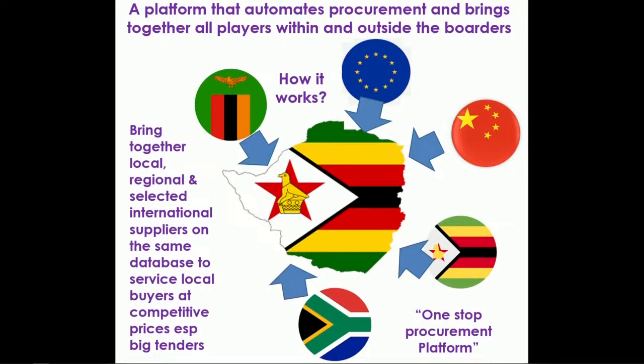I think if we are able to do that, we would then be readying ourselves to allow, for example, I know PRAZ is going through a process where there will be more e-procurement. It allows local players and regional and international players to be able to have a peep into our system. Our pricing system is very high compared to the region.